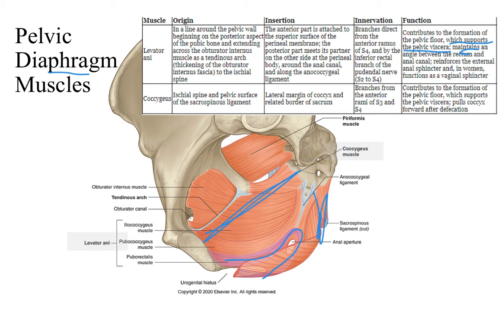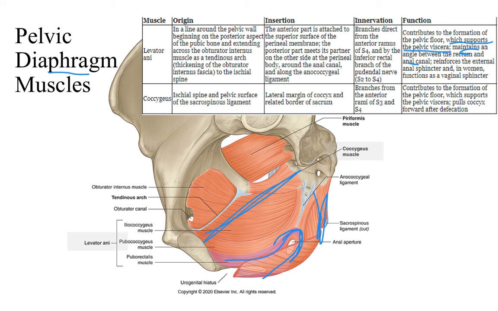Two, maintain an angle between the rectum and anal canal, which forms like a sling around the rectum, which helps with continence. In other words, keeping our fecal matter within the rectum until we are ready to defecate.